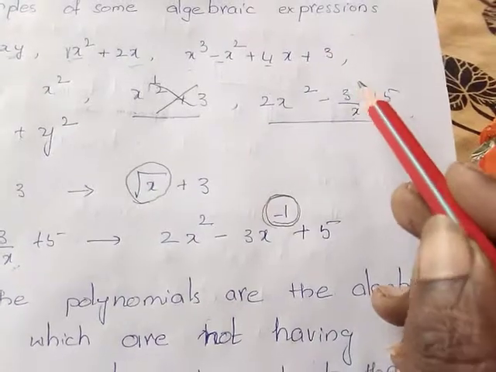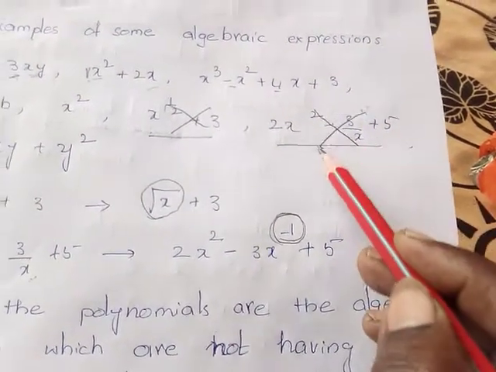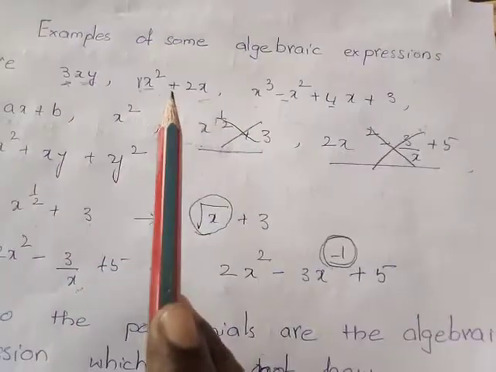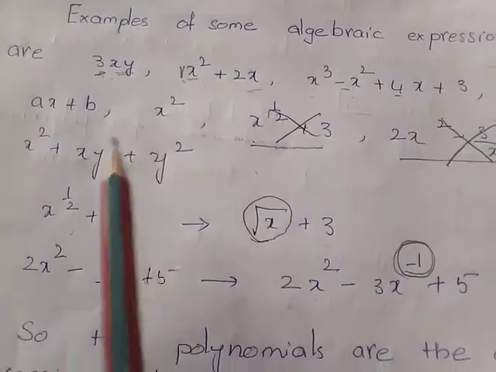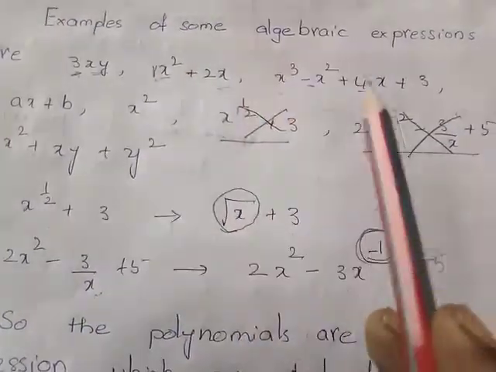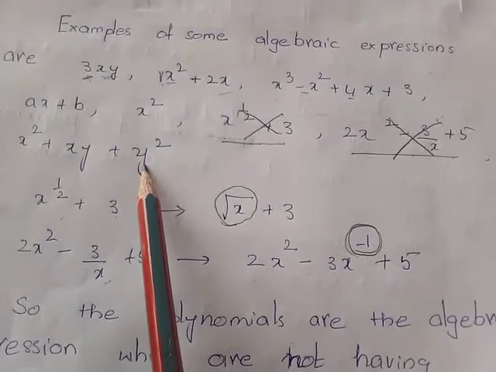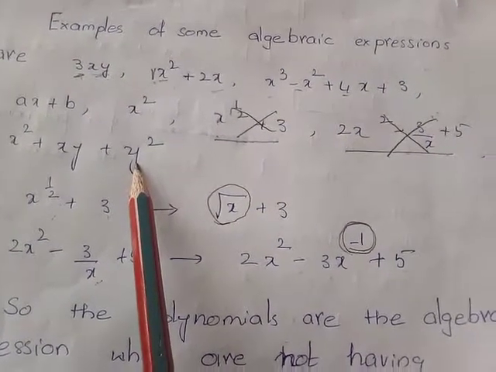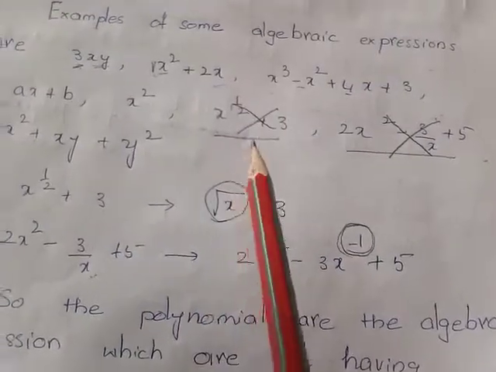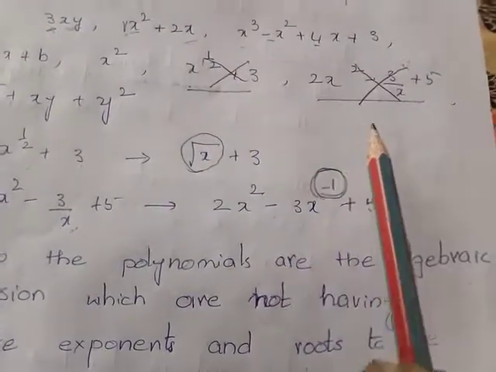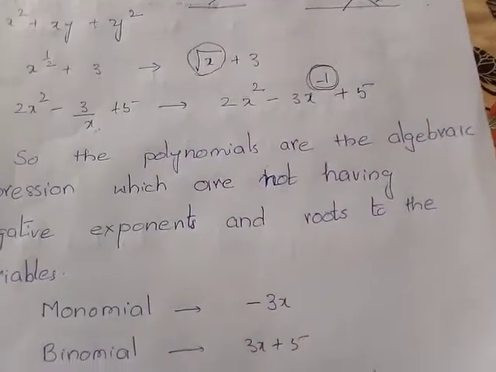If you write it, it becomes x power minus 1. So these terms we have to strike off. See here, in this there is no root and no negative terms. So these remaining ones are called polynomials. Polynomials means there should be no root variable and no negative exponent.